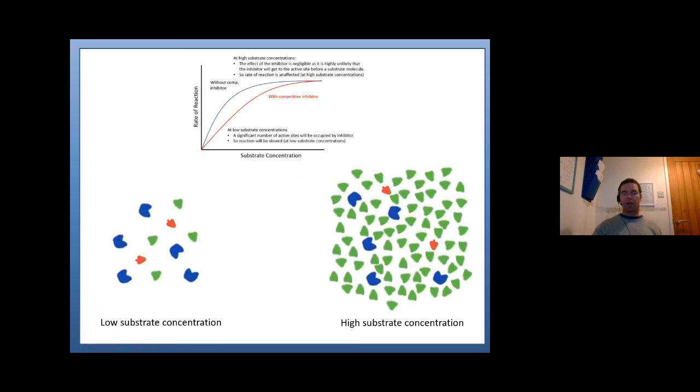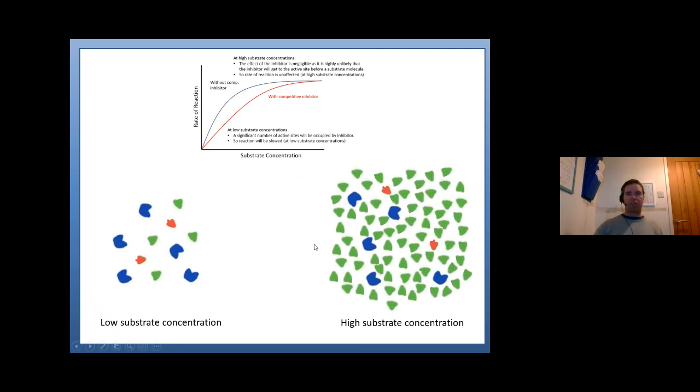Therefore, at high substrate concentrations we are still going to get that maximum rate of reaction that we would have had without the inhibitor. That maximum rate of reaction is unaffected at high substrate concentrations.